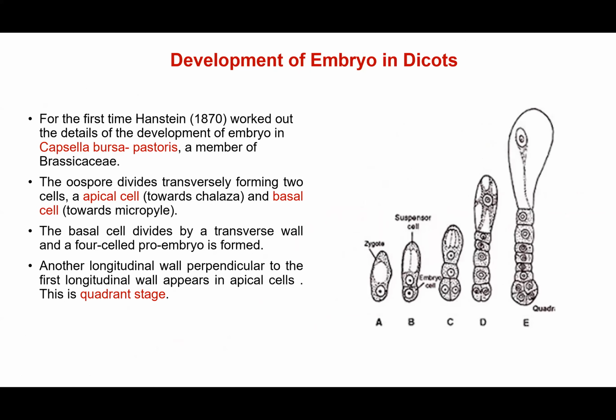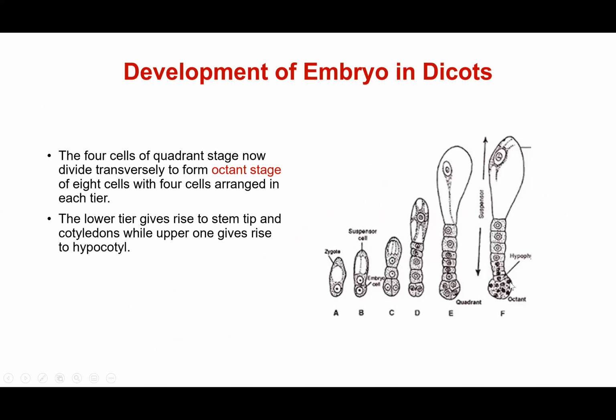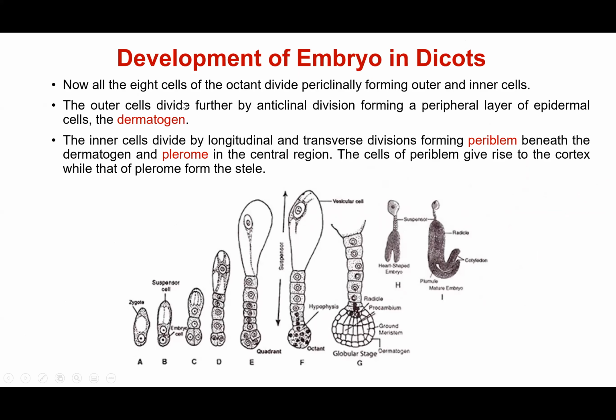So what happened in the embryo? First, we had a zygote, we had a 4-celled proembryo, then a quadrant stage, then an octant stage. In this octant stage, there were 2 tiers. These 2 tiers again divided periclinally. The outer cells became dermatogen, the inner cells became periblem and plerome. Periblem gave rise to cortex, plerome gave rise to stele, dermatogen gave rise to epidermis.